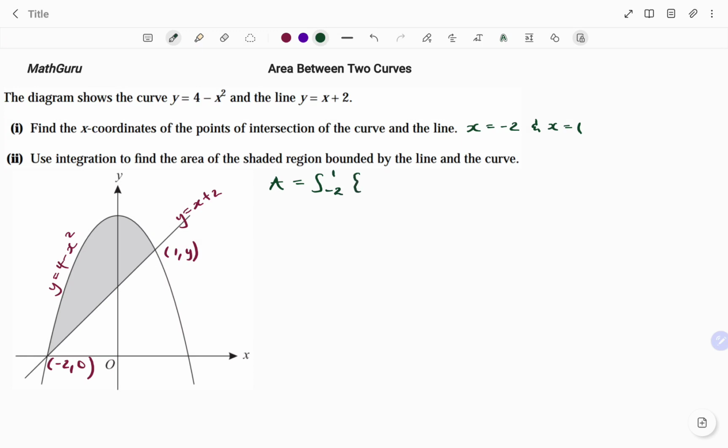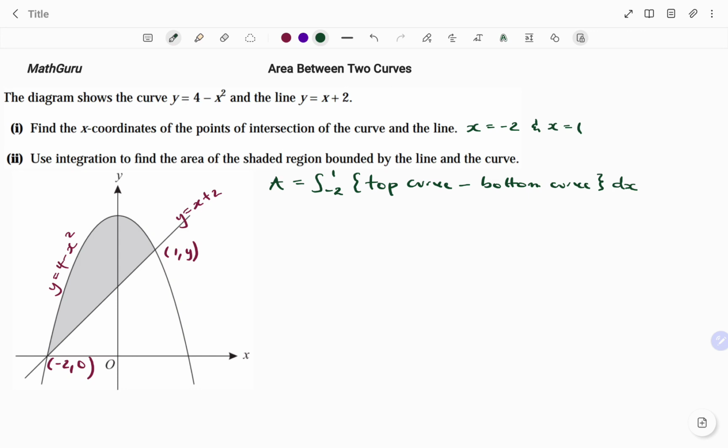Then we have the top curve minus the bottom curve, with respect to x. The top curve is our parabola. The bottom curve is a straight line.